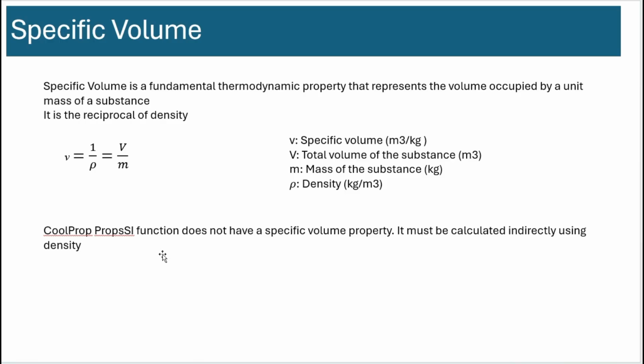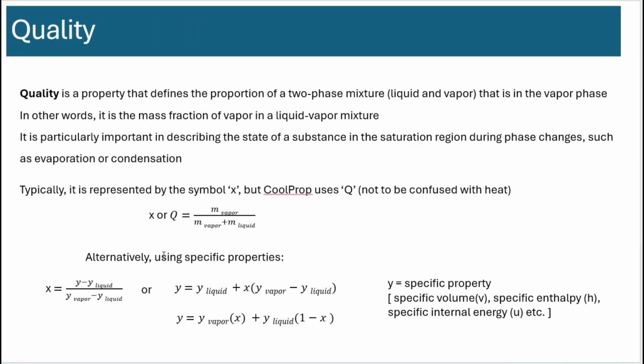The next property is quality. Okay, so as we had discussed in the class, it is the property that defines the proportion of a two-phase mixture. Okay, so the vapor phase mass divided by the total mass of the fluid. In other words, mass of the vapor divided by the total mass of vapor and liquid together.